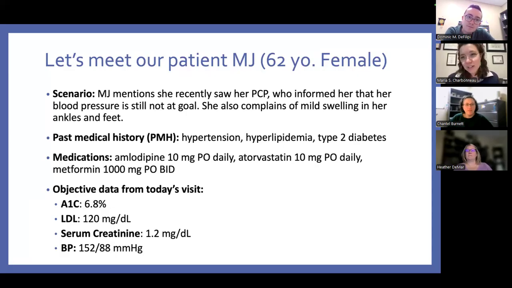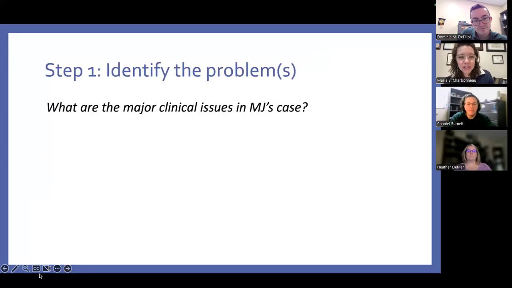So again, I know that this is not a common patient in real life, but for the sake of example, I knew we only had very limited time. So this is our patient MJ. So in terms of using this patient case to talk about the NAPLEX and to practice for the NAPLEX, step one would really be to identify the problems.